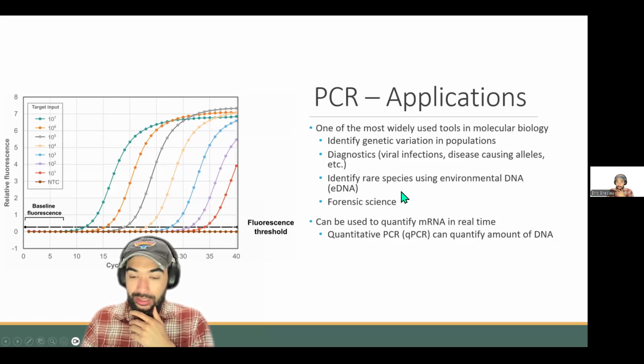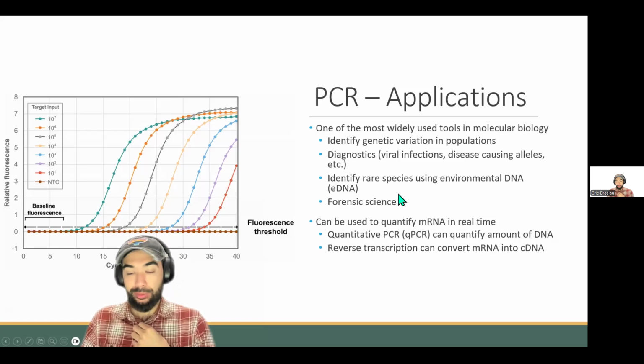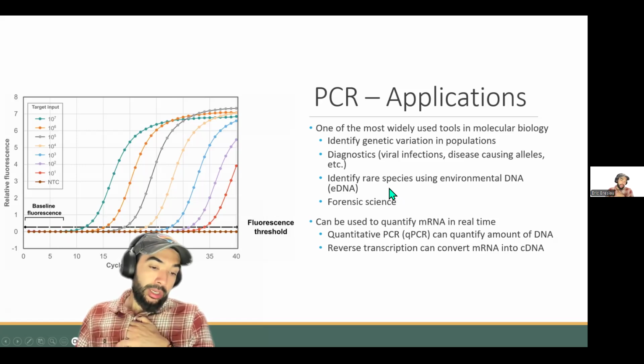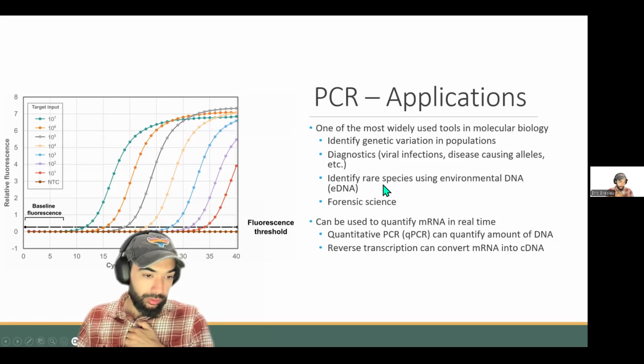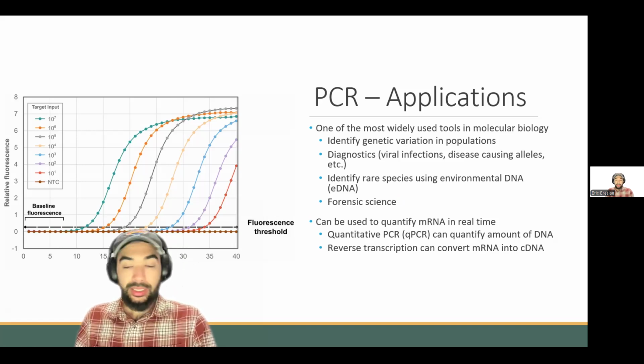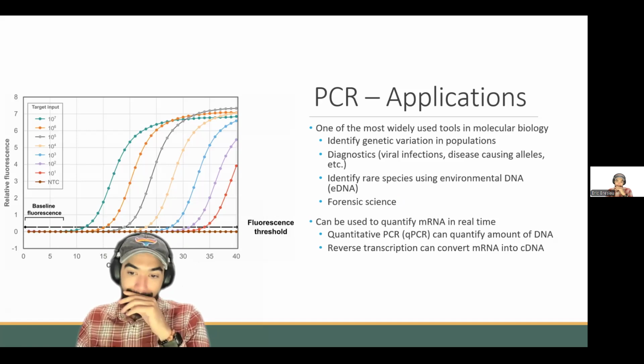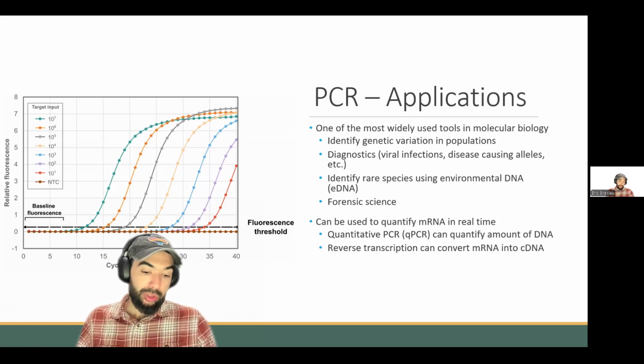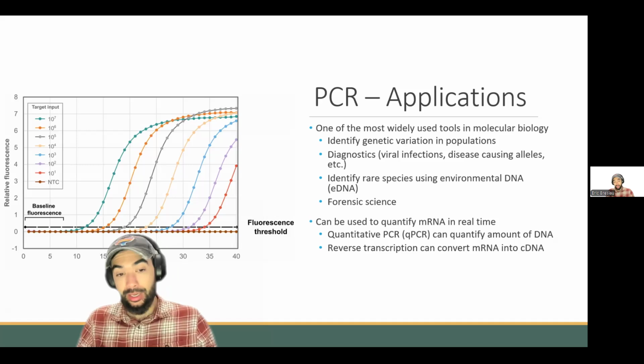The other thing is using reverse transcription. So normal PCR, when it was first developed, was able to amplify DNA, and that's it. But some really smart researchers came up with some ideas, and they asked, hey, what if we include this enzyme called reverse transcriptase that we isolated from a virus?